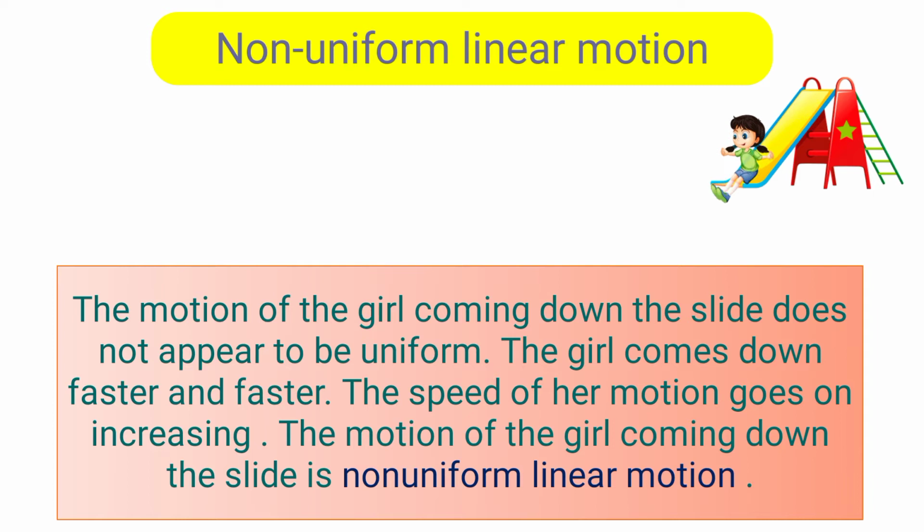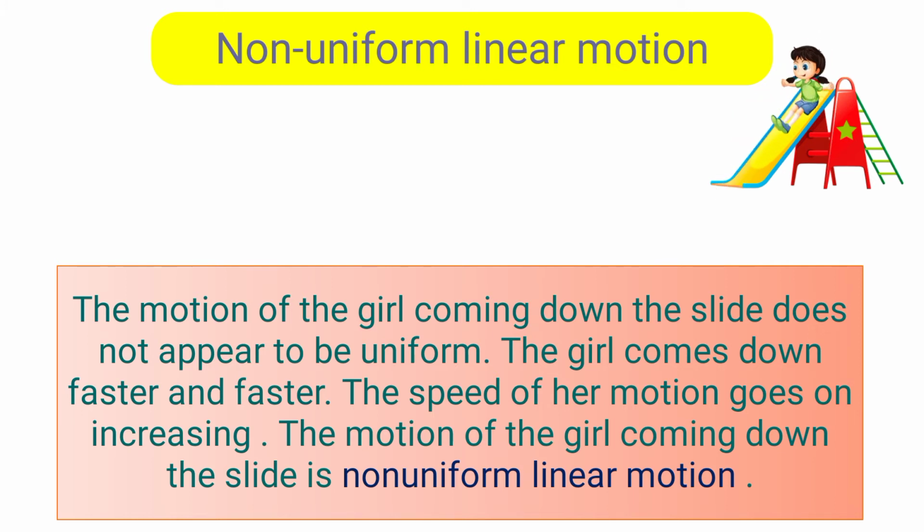The motion of the girl coming down the slide is non-uniform linear motion. Students, you all have played on the slide. When you come down from the slide, you have experienced that your speed increases continuously. Such kind of motion is known as non-uniform linear motion.